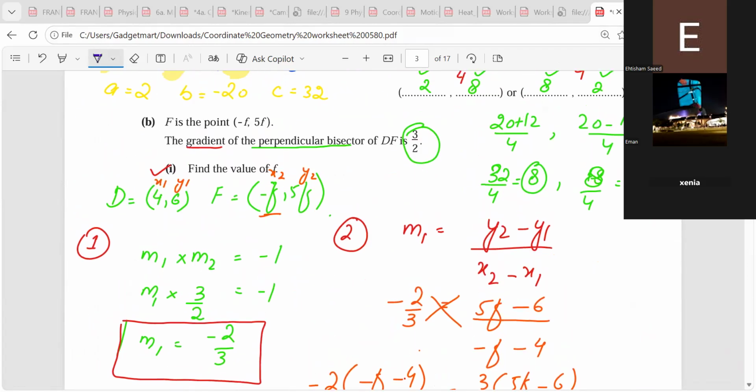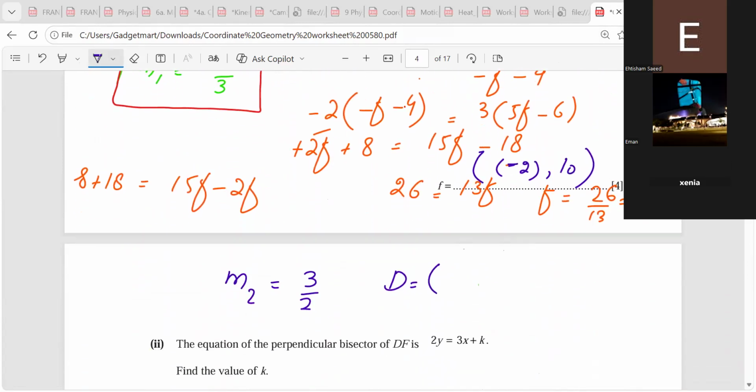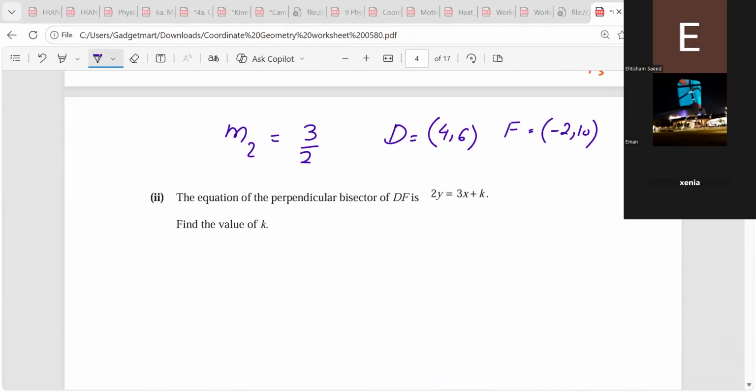That was 4, 6. D value is 4, 6 and F value is minus 2 and 10.